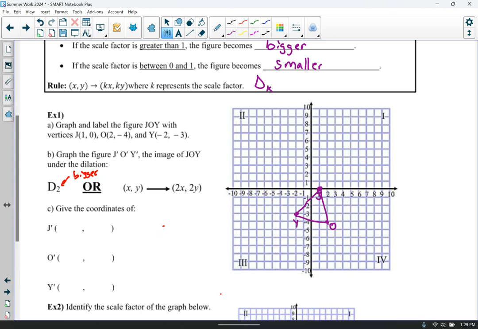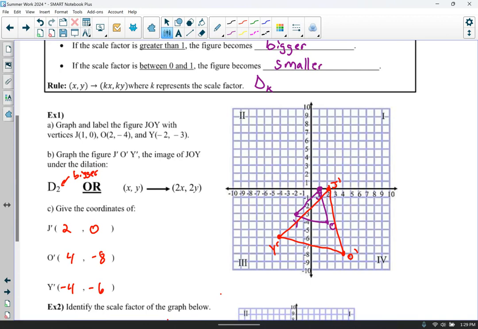So I would use that rule that we're multiplying by 2 to find the coordinates of our image and then plot. So (1, 0), that's just multiplying by 2. And then we can plot. So J prime is going to be (2, 0). And there we have our image, J prime, O prime, Y prime.